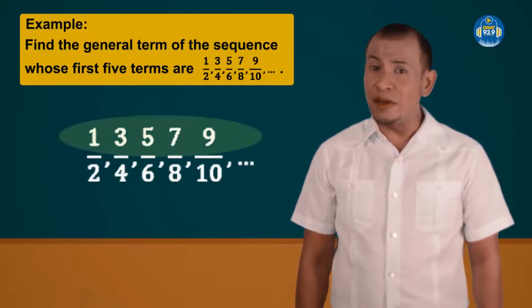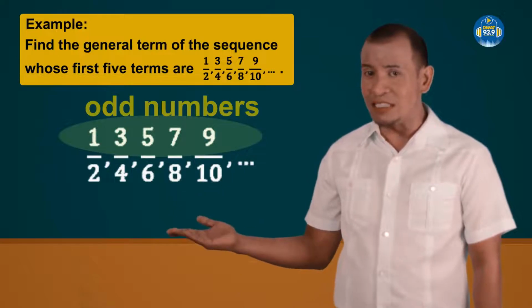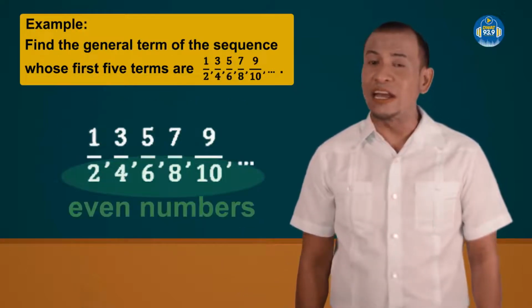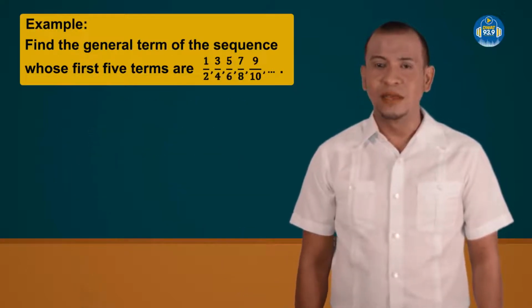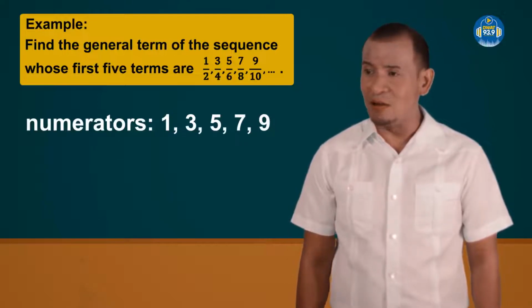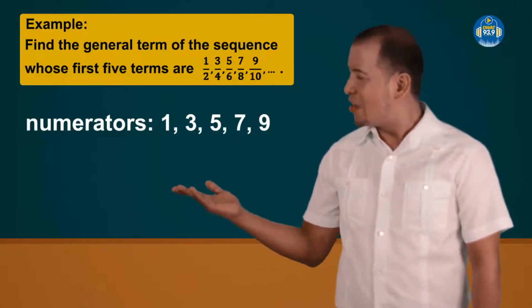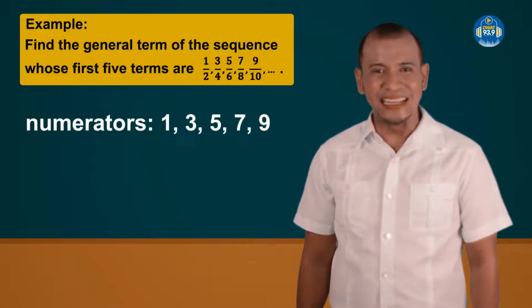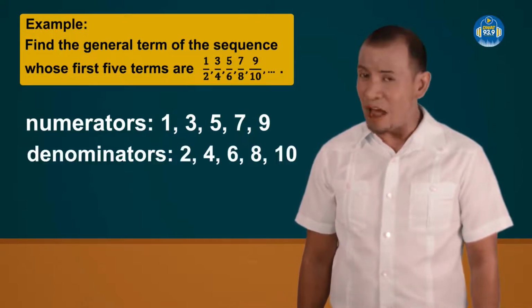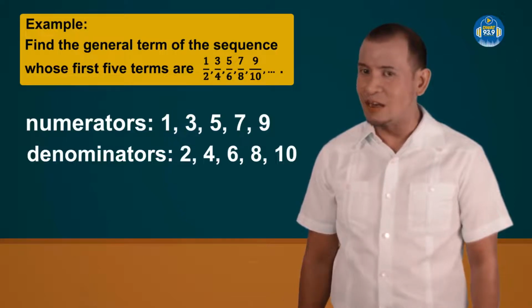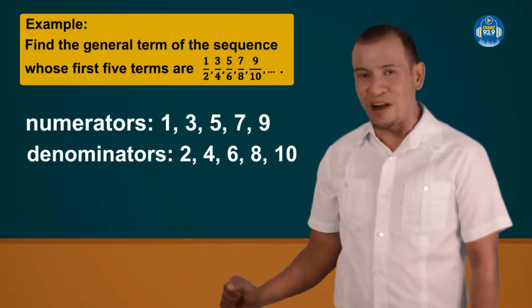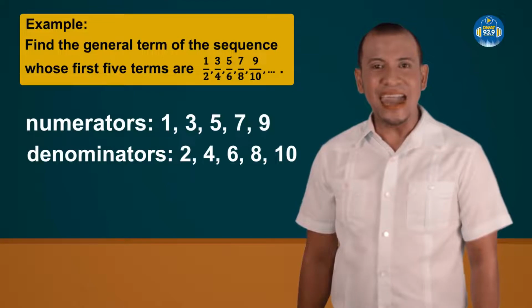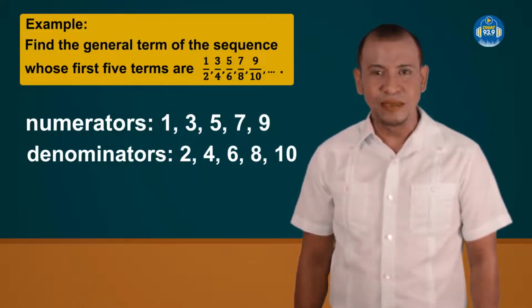Observe that the numerators of these fractions are the odd numbers and the denominators are the even numbers. Numerators are as follows: 1, 3, 5, 7, and 9. And the denominators are as follows: 2, 4, 6, 8, and 10.